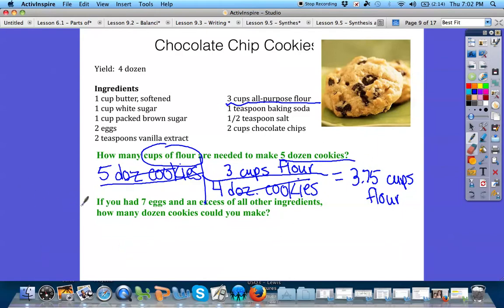And if you had 7 eggs and all the rest of the ingredients weren't a concern, you want to know how many dozen cookies you're making. So think about whatever activity you're involved in. You're having a bake sale, and someone says, how many dozen cookies can you commit to bake for the bake sale? Well, you know that you have 7 eggs.